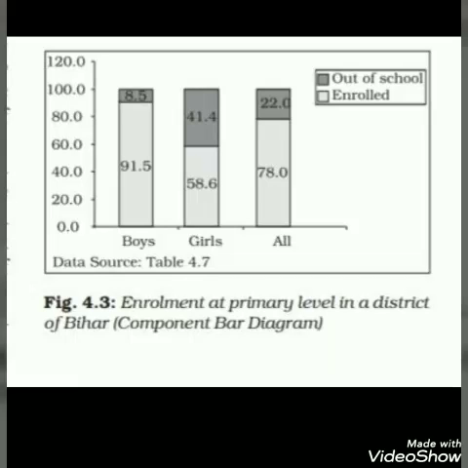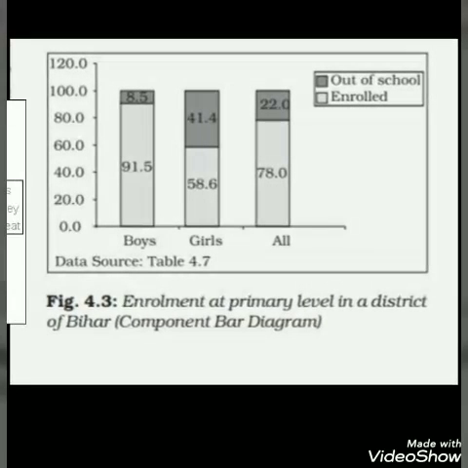So here, out of 100 students, in the boys category 91.5 are enrolled and the remaining 8.5 are out of school. So we can classify it according to the shading, their color.